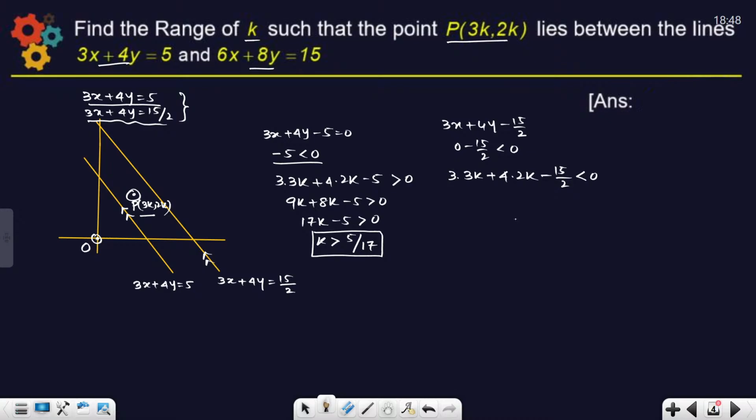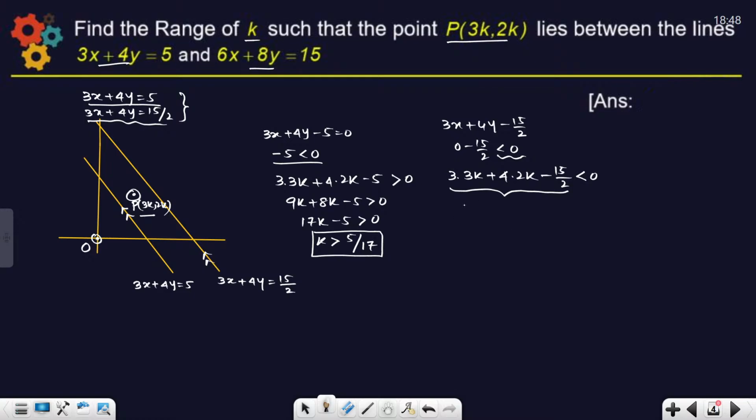Because the origin and this point are lying on the same side. So the sign of this expression will be the same as the sign we got after putting the origin in the given expression. Clear?